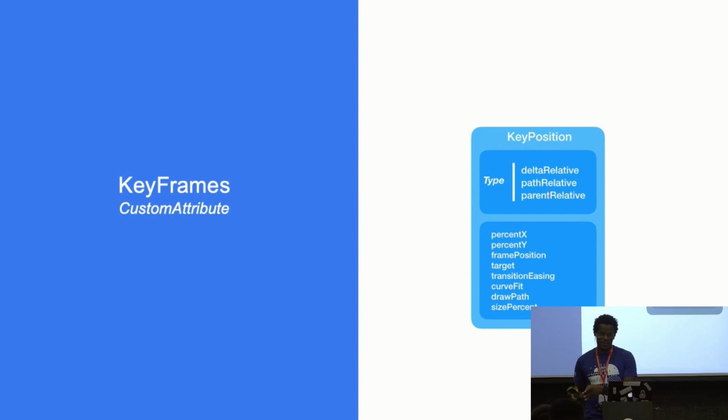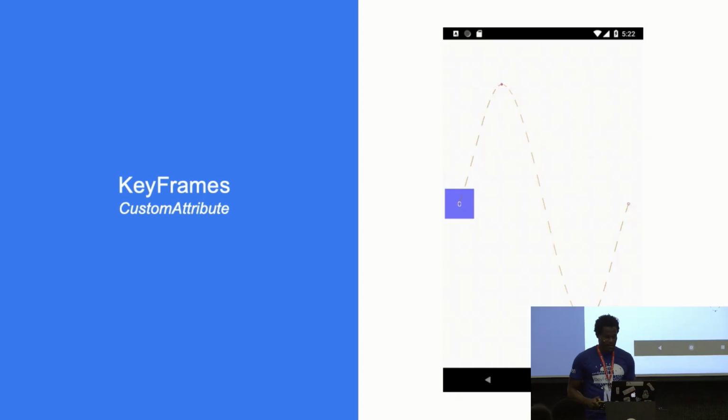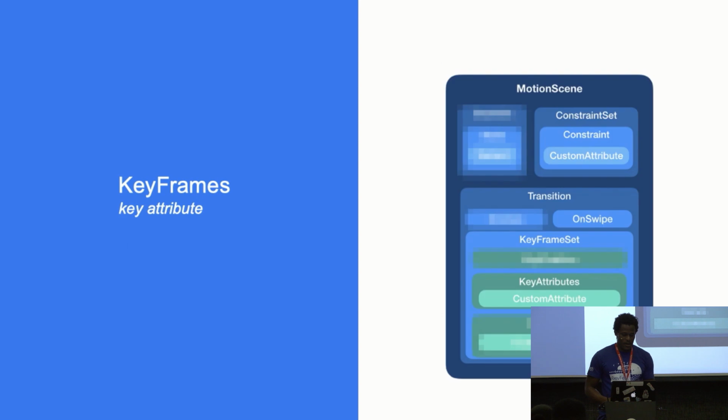And you can have path relative, which is relative to a particular path, and parent relative, which is relative to the whole screen, the parent of my container. So, like I was explaining, this is what you can do if you don't want to go straight and you want to do a zigzag. That's keyframes, I explained it.